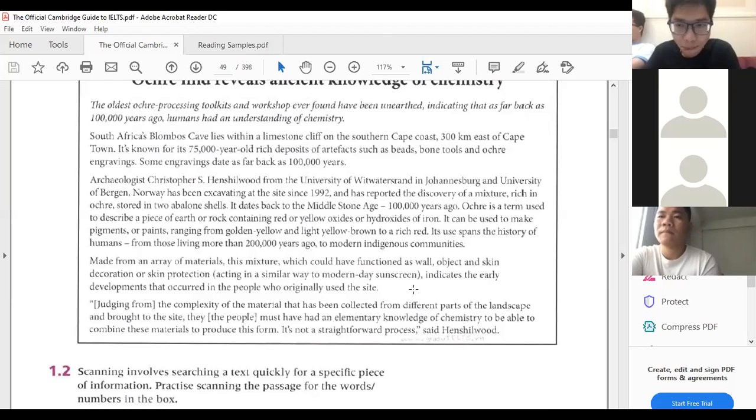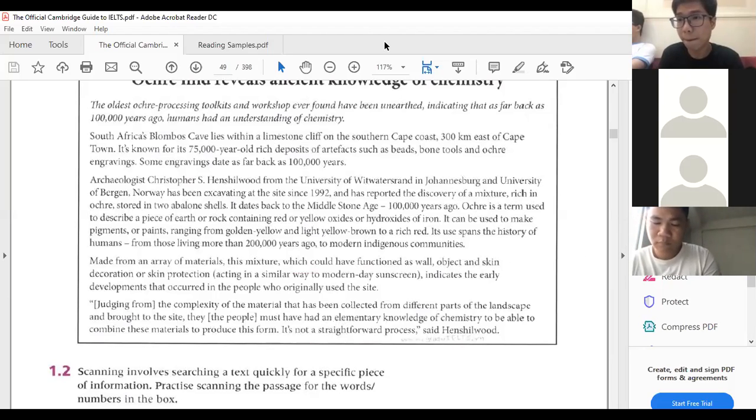Third paragraph. Okay. And it means? It's to describe an earth rock that contains red or yellow oxides of iron. Okay, very good. So that's scanning.